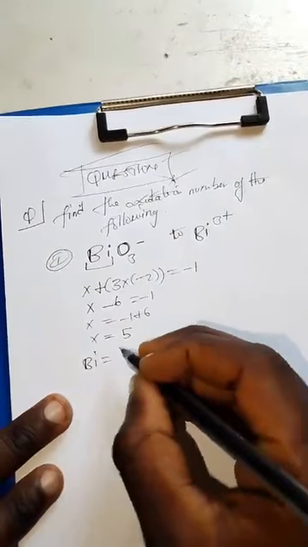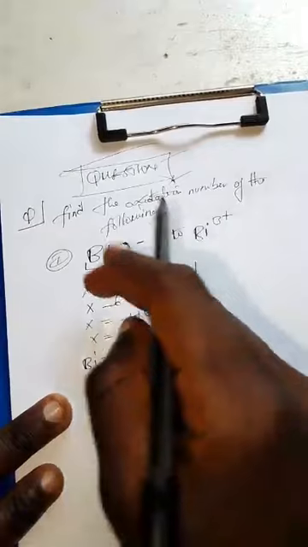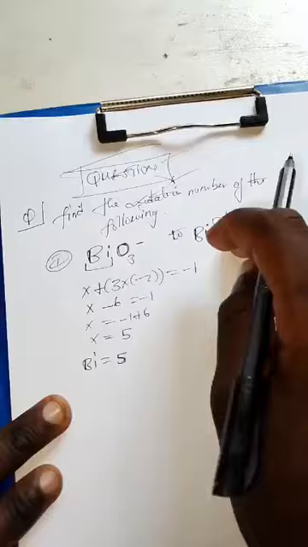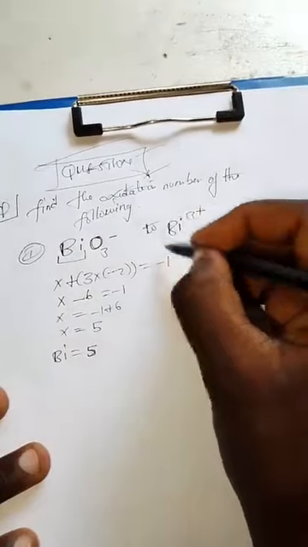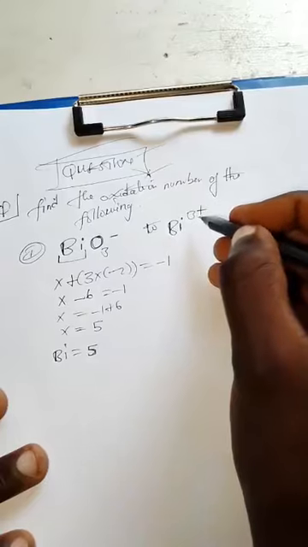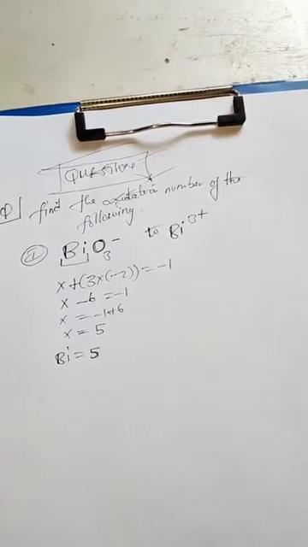has the oxidation number of 5, then I'm moving from this to this. The oxidation number of an ion is equal to its charge.